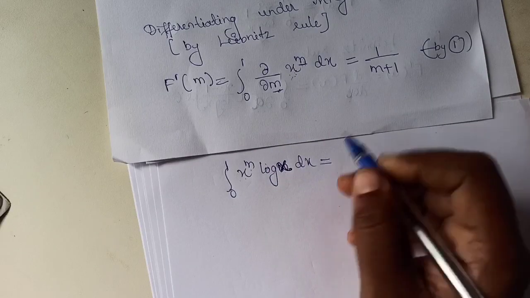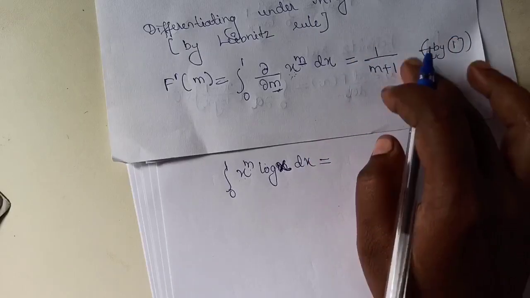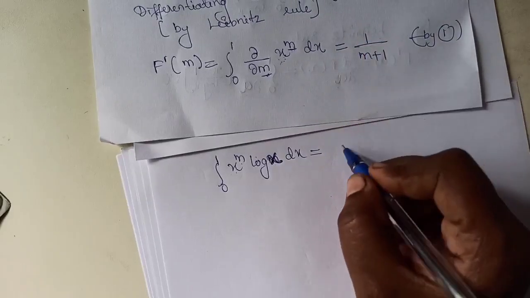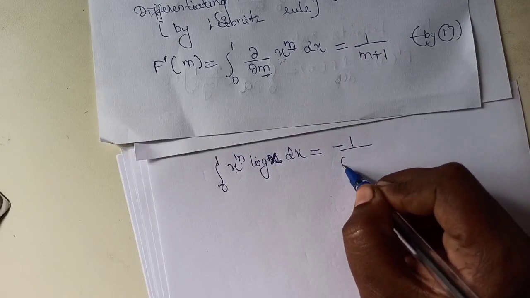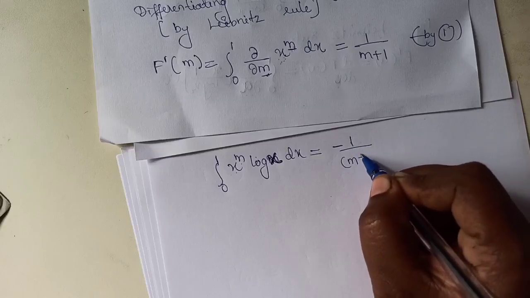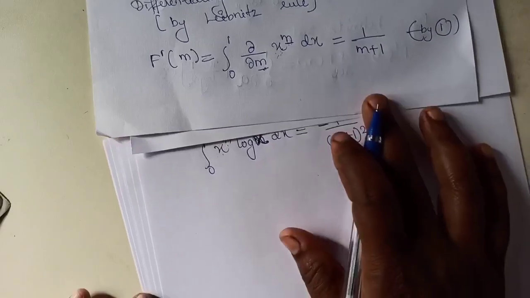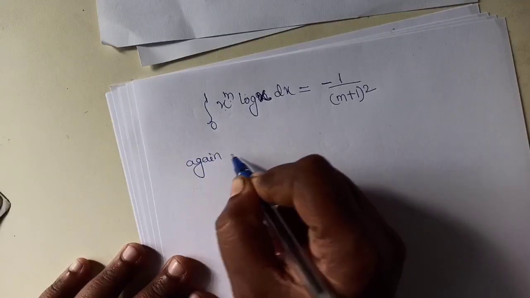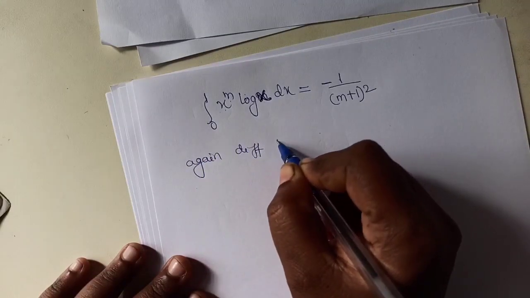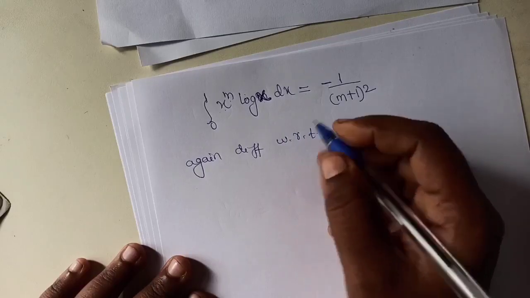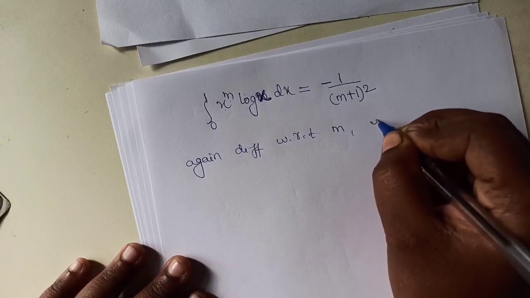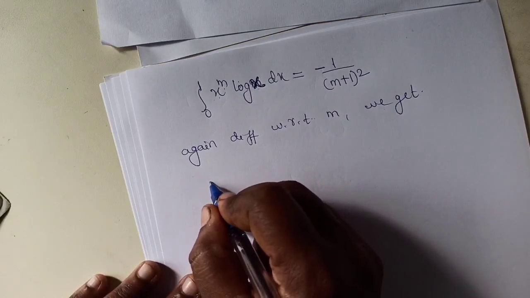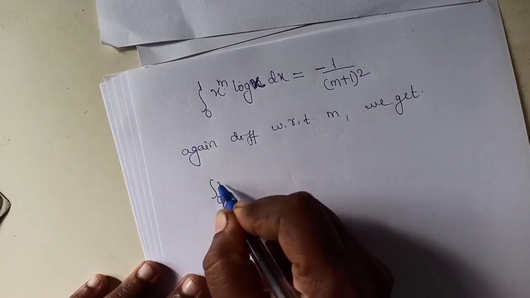Now differentiating the right side with respect to m only, because all terms are m only. So 1 by x differentiation is minus 1 divided by x square, that is minus 1 divided by m plus 1 whole square. Now again differentiating with respect to m, we get the integral 0 to 1.